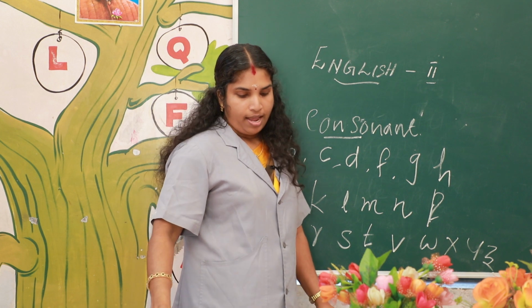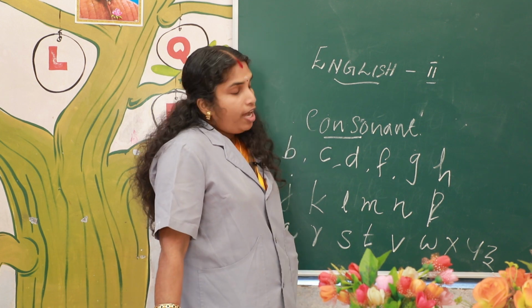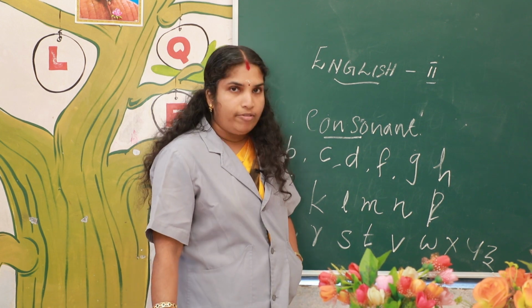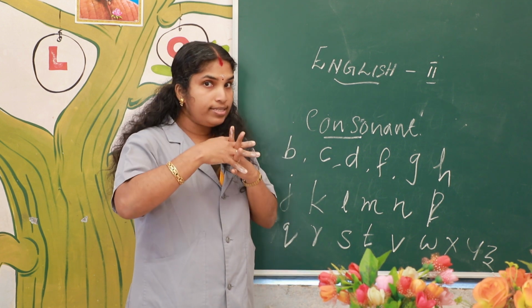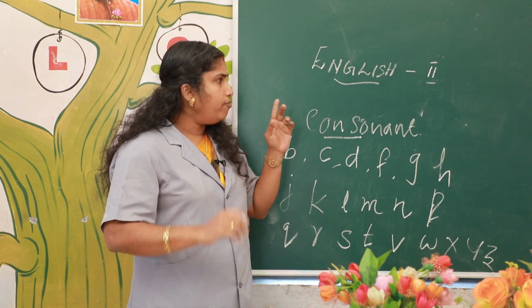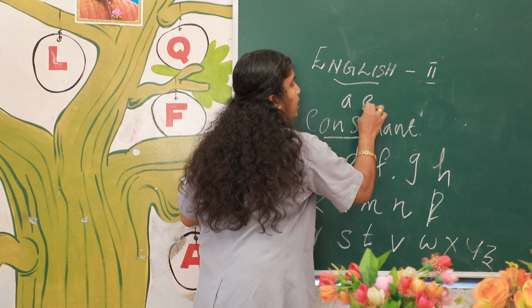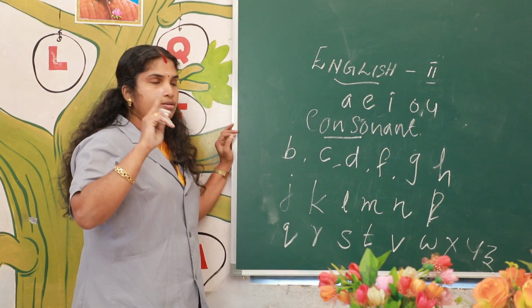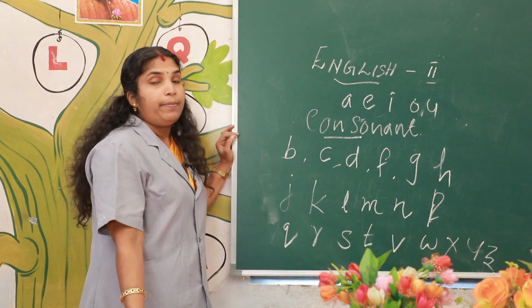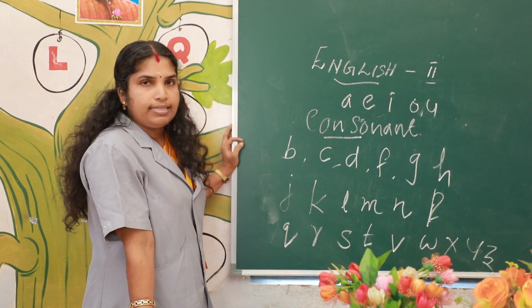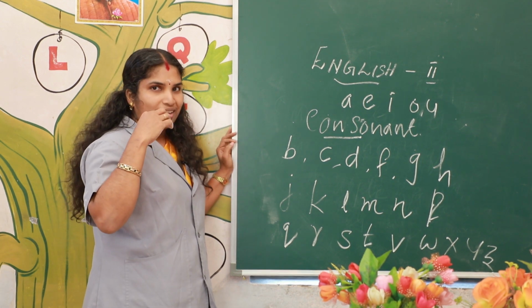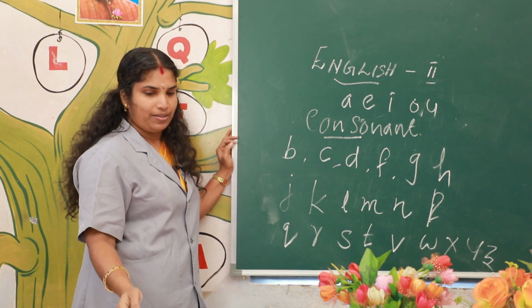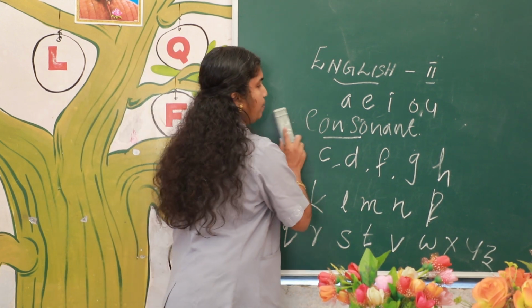Next one. Join the consonants and vowels. Vowels are A, E, I, O, U. Joining the consonants and vowels, we make some words and letters.